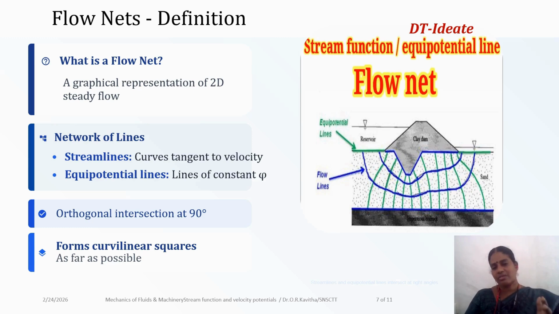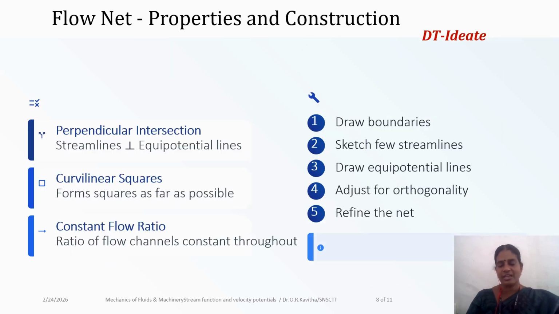Okay. So the flow net is a network of lines. The streamlines are curves tangent to the velocity, and the equipotential lines are different. So what are the properties?